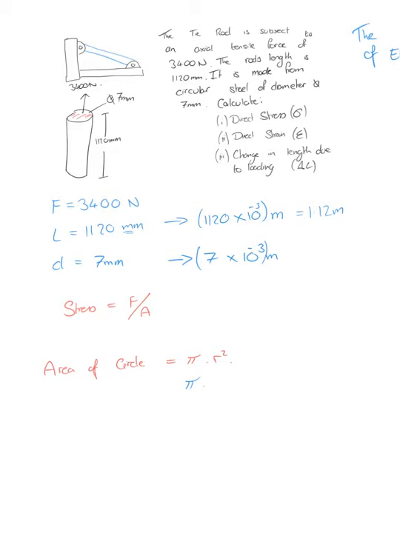So I know d, I know my diameter, but not my radius. But if I remember, my radius is half my diameter. My radius is equal to a half of 7 by 10 to the minus 3. So I work that out. It's going to equal 3.5 by 10 to the minus 3. So area of my circle is going to be pi times 3.5 by 10 to the power minus 3 meters squared.